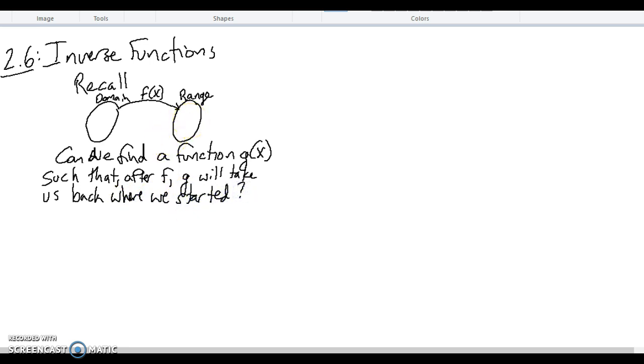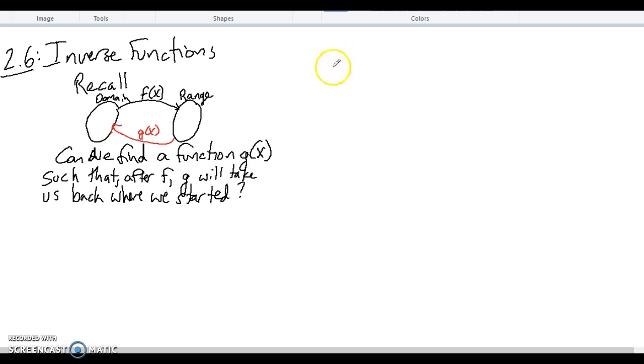In other words, we're looking for a function that will do this. And not only take us back to the domain, but take us back to the value that f started at.